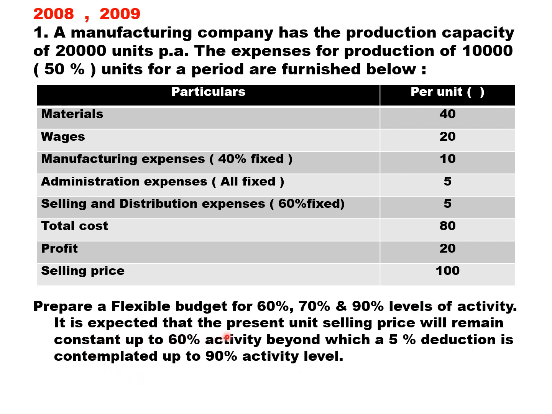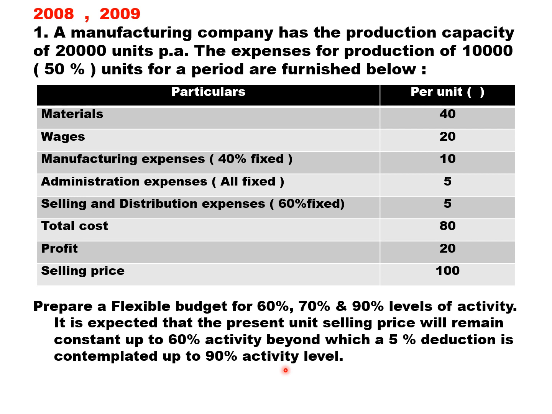It is expected that the present unit selling price will remain constant up to 60% activity. No change in the selling price of rupees 100 up to 60%. Beyond which a 5% deduction is contemplated up to 90% level of activity.